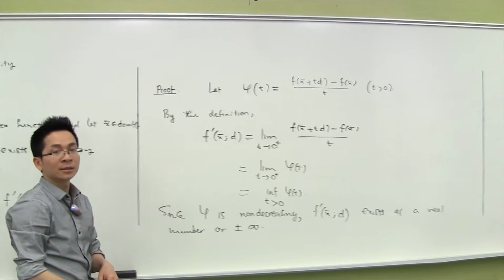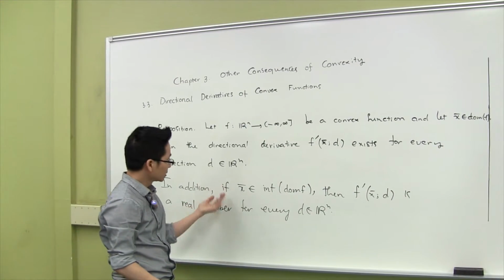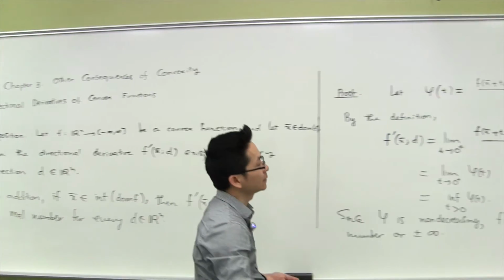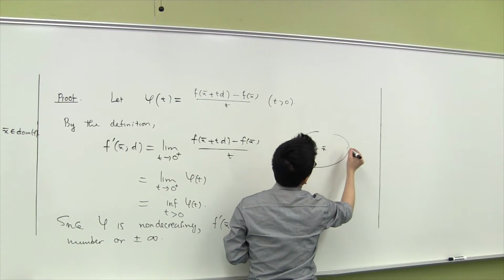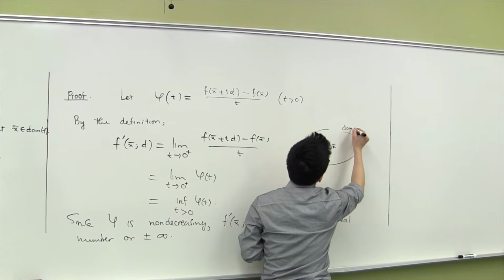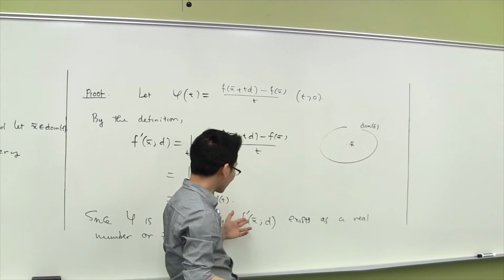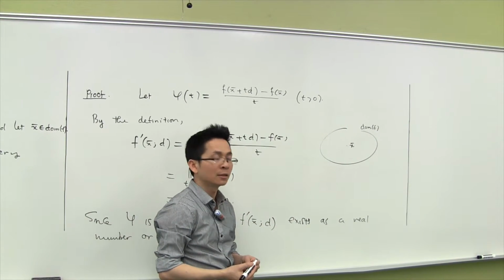Okay. Now, under this additional assumption, that is, x bar is in the interior of the domain of the function, we're going to show that f prime of x bar in the direction d is always a real number.